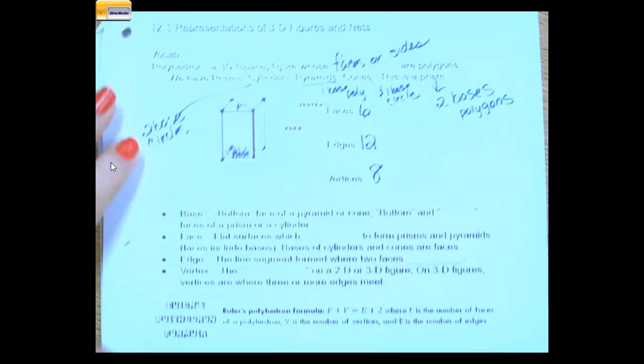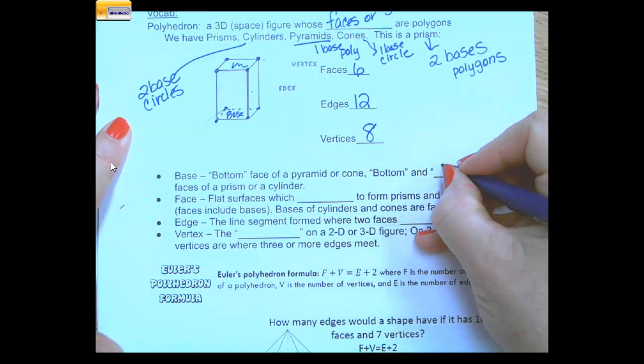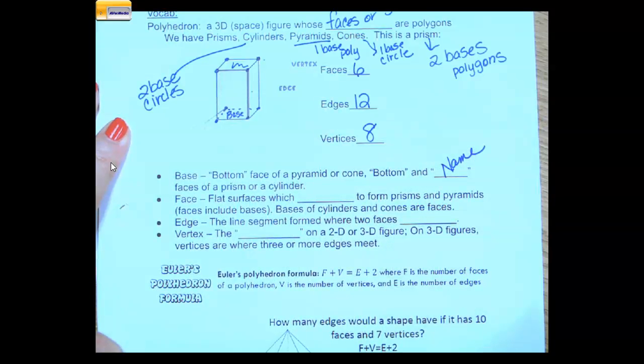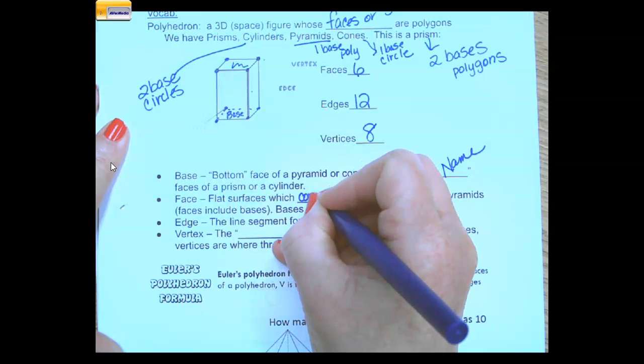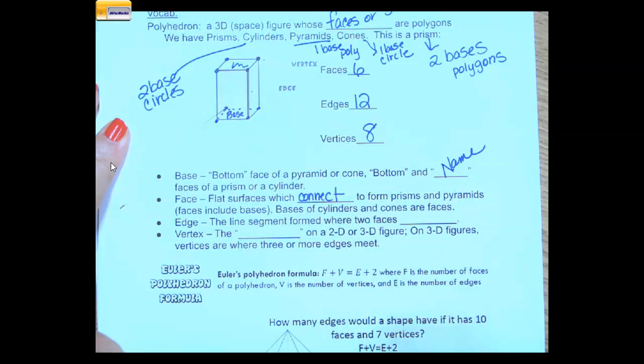So again, the base is the bottom face of a pyramid or cone. Sometimes I like to say it's also the name. That's how they name things. A face is that flat surface which connects at those edges to form those prisms and pyramids.